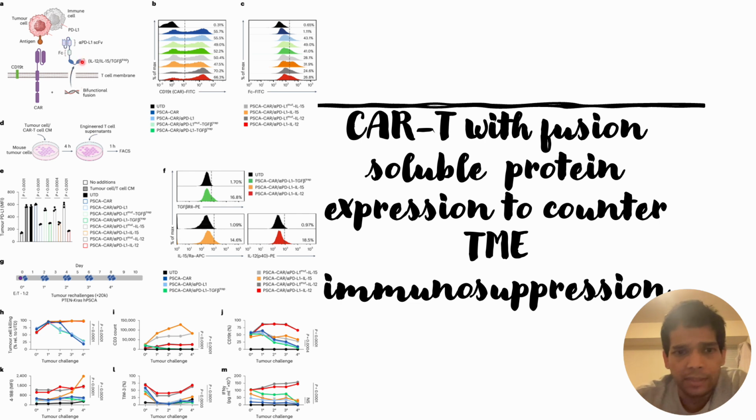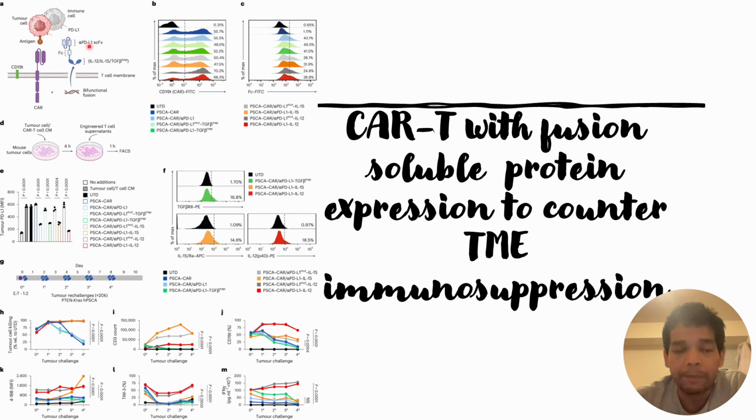On the other side, it also has different cytokines, that is interleukin 12, interleukin 15, and a TGF-beta trap. So this is their whole design of the CAR construct with the bifunctional fusion protein.